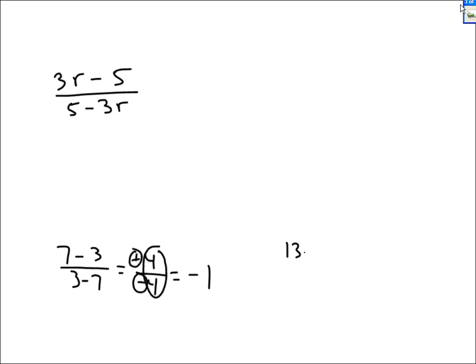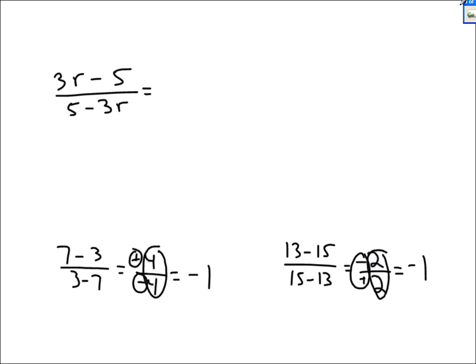If you have 13 minus 15 divided by 15 minus 13, the top is negative 2, the bottom is 2. In division, the signs are different, so it's negative. 2 over 2, 1. It's negative 1.